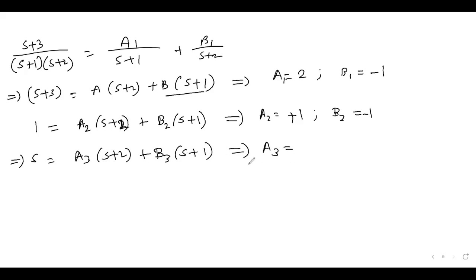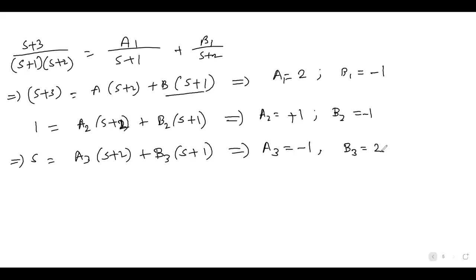Calculate properly. কত হচ্ছে a3? a3 is -1, and for b3, put s equal to -2. So -2 is -2, and this is -1. So it will be 2. ঠিক আছে?